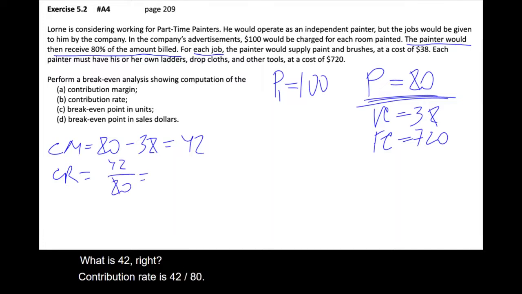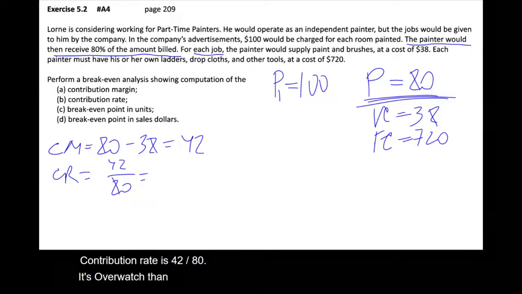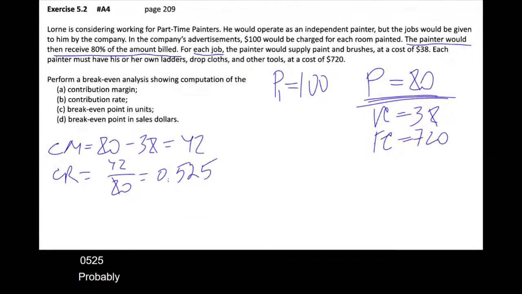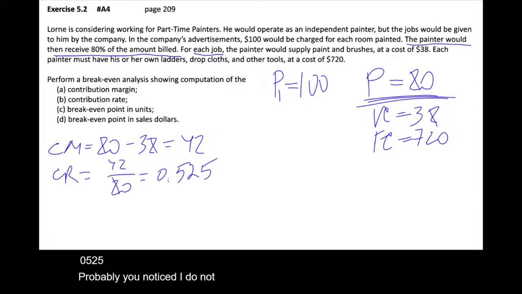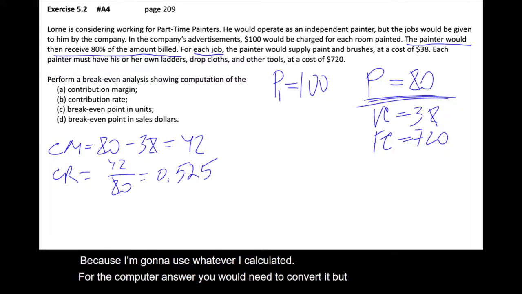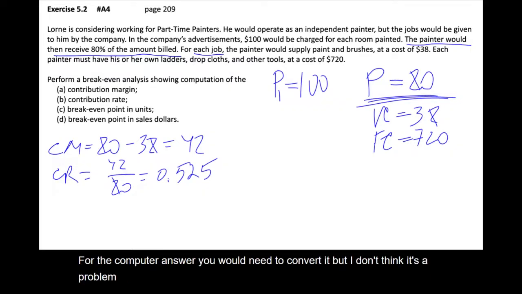It's a little over 50%. 0.525. You probably noticed I do not convert that to percent because I'm gonna use whatever I calculated. For the computer answer, you would need to convert it, but I don't think it's a problem, right?